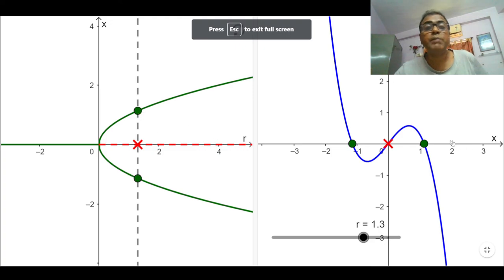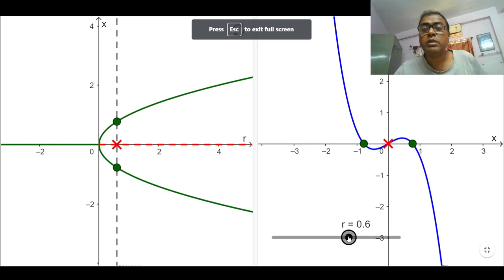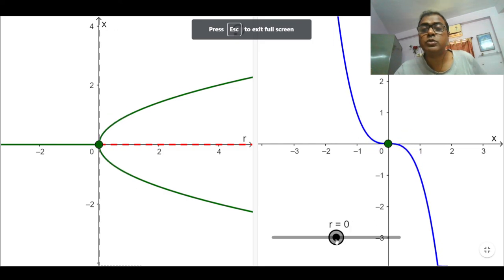This point represents this point or this point, and this is the origin, x equals 0. And when r goes to 0, put r equal to 0, we get only one equilibrium point.